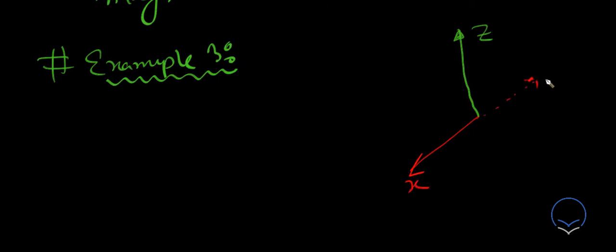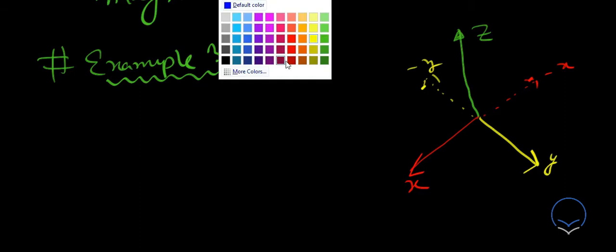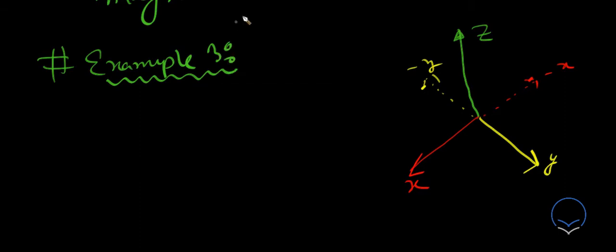Opposite to this is minus x, and let's call this the y-axis, and opposite to this is the minus y-axis. And any vector over here has a component in the z-axis, in the y-axis, and on the x-axis, right? I mean like this, though the drawing is not pretty accurate.